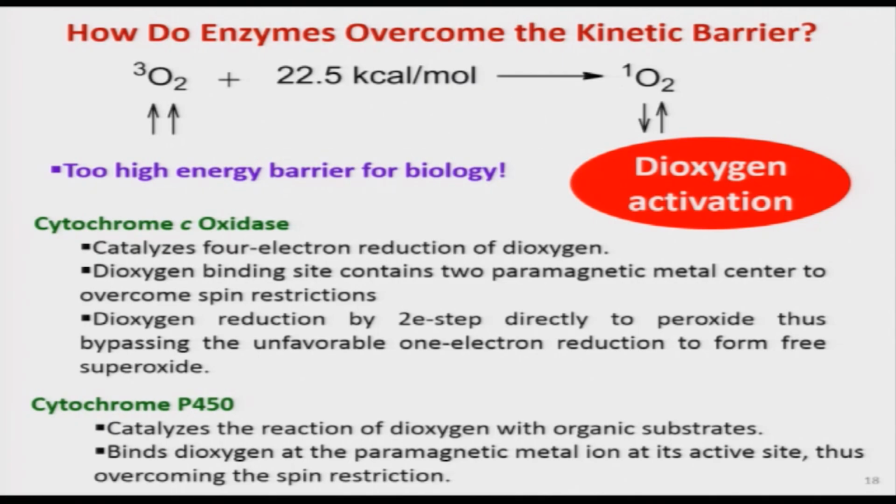So, your dioxygen is triplet paramagnetic, your metal is also paramagnetic. So, no problem. It overcomes this kinetic barrier and the reaction is possible, and nature utilizes this path to overcome this kinetic barrier. There are many such examples, and not all enzymes go through the same way. For some enzymes, activation is required. I am not going to discuss that in detail today.